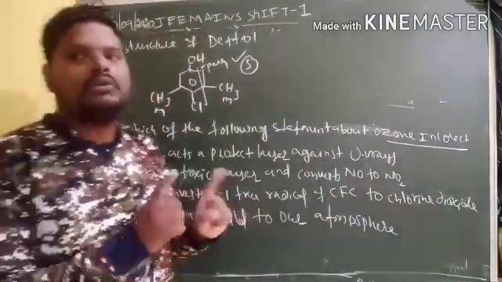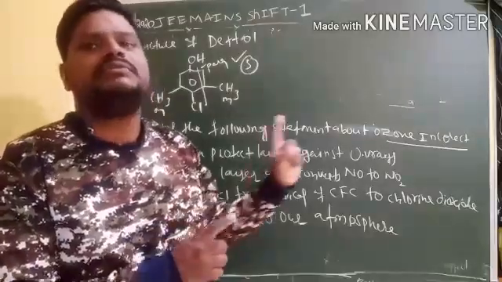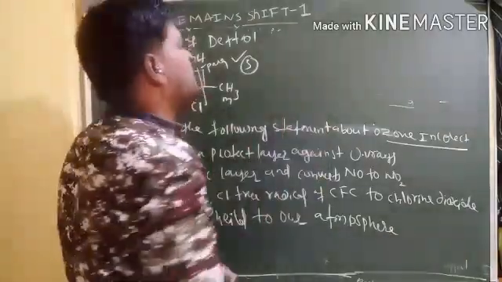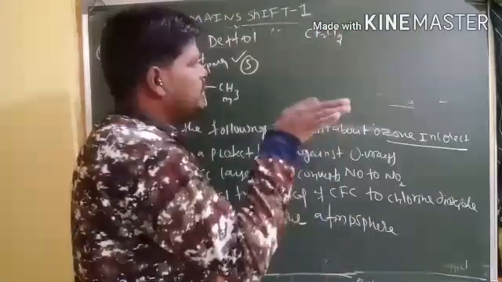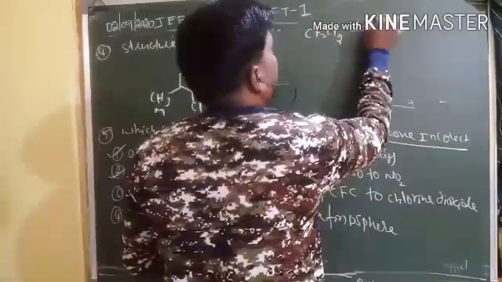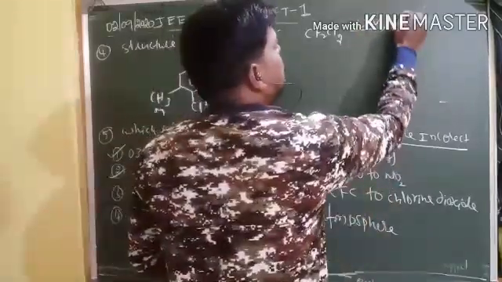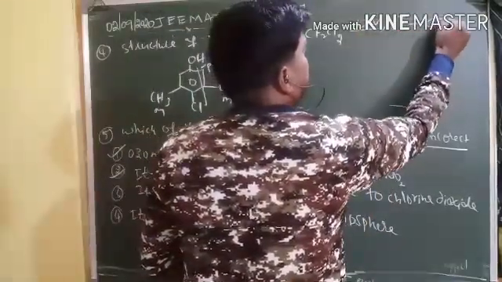So what happens when chlorofluorocarbon reacts with ozone? Let me explain what happens here. Chlorofluorocarbons are broken down by UV radiation to form chlorine free radical.